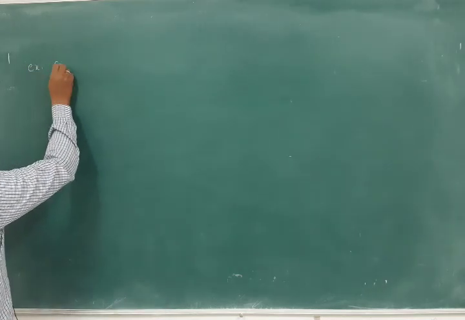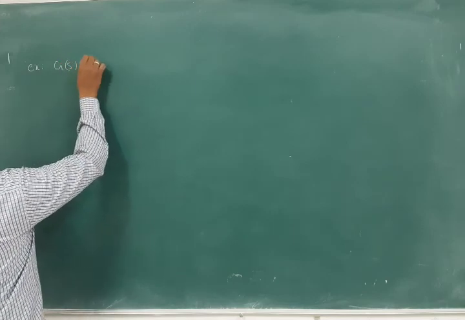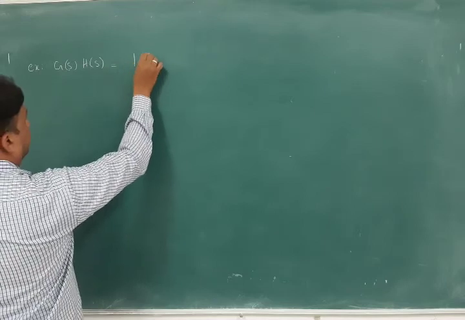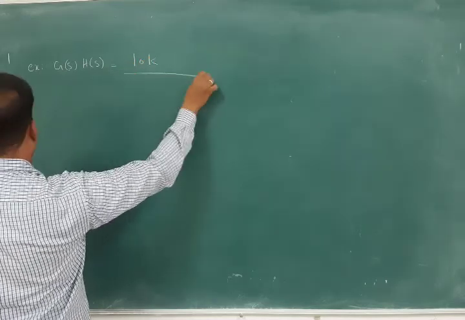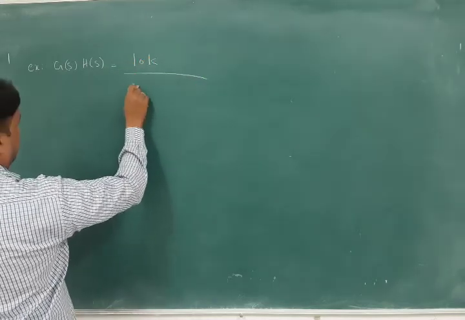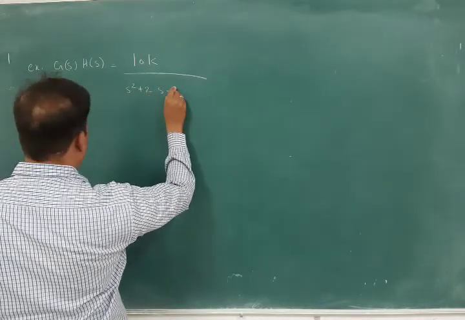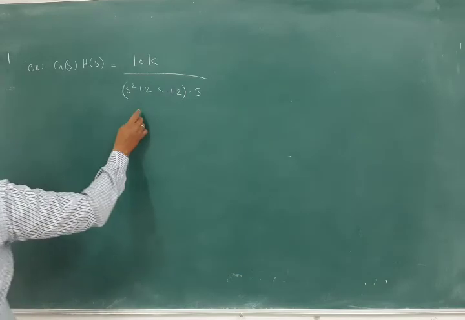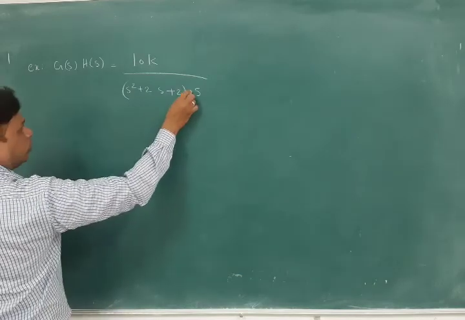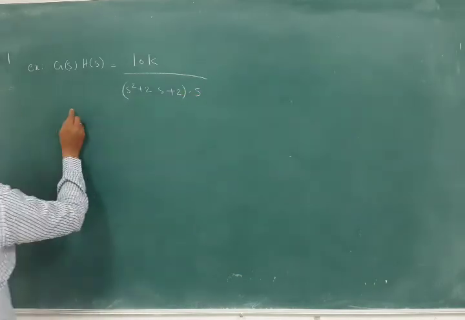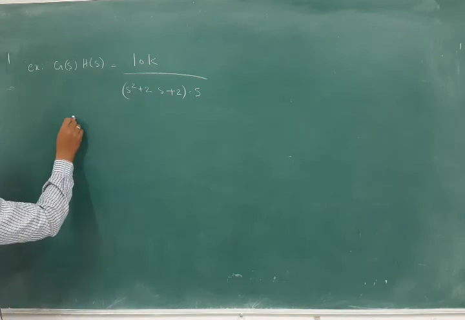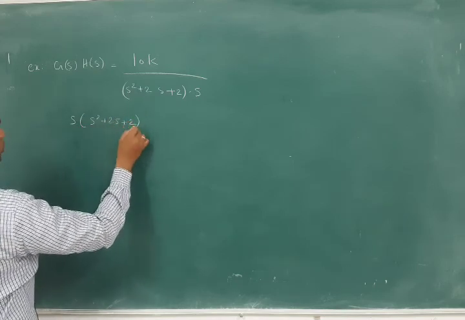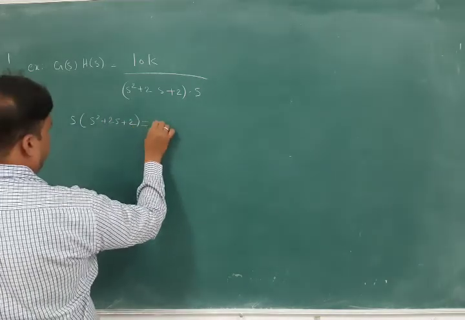For example, g of s into h of s is equal to 10k, where K is a constant, over s square plus 2s plus 2 into s. Now you can take the denominator, s into s square plus 2s plus 2, and equate it to 0.